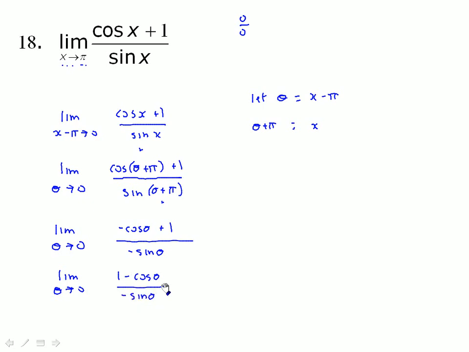And the reason that is helpful is because the setup now shows that we can take that 1 minus cos theta and we break up the expression, and the negative sine theta down below. Now the negative sine theta, you can either keep the negative there, or you can bring it outside the entire limit, because that would work. But anyways, just keeping it there as a negative 1 is going to be fine.